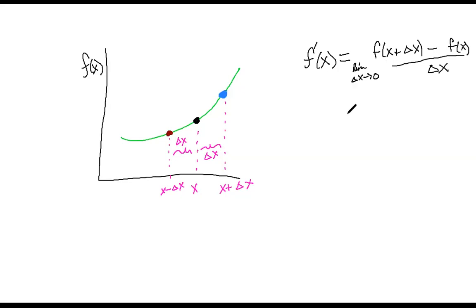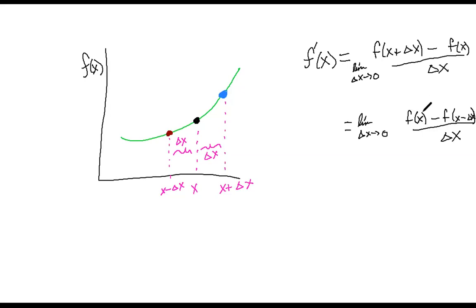There's another way you can define it, which is completely equivalent in the limit. As long as you have that limit there, it covers up all sins. I could also say it's equal to f of x minus f of x minus delta x, over delta x. Look at that. Here I have x plus a little bit, minus the original function value.